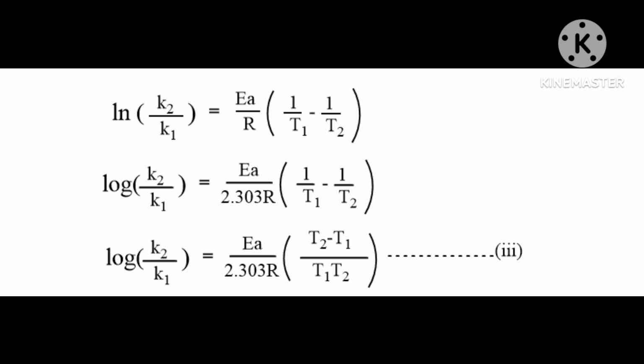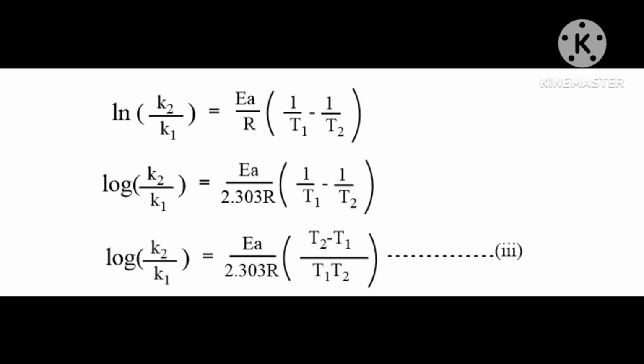Then in the bracket what is remaining? 1 upon T1 minus 1 upon T2. This is the formula, an easy formula. You can remember 1 upon T1 minus 1 upon T2. We will use this formula in solving the numericals.